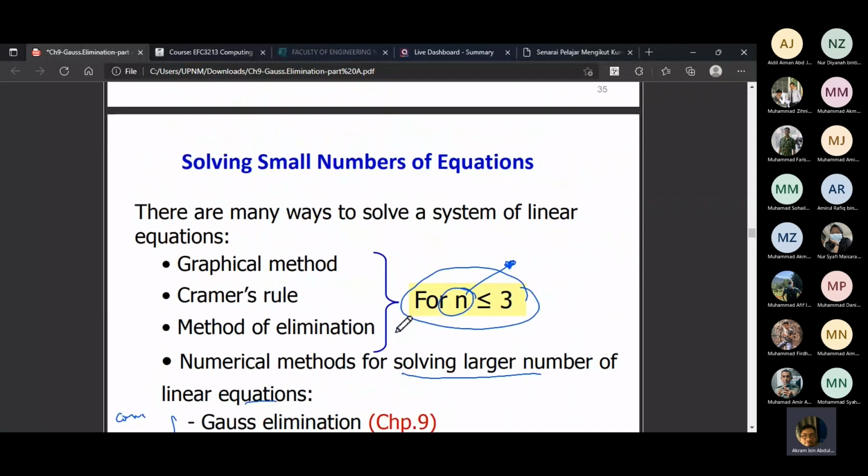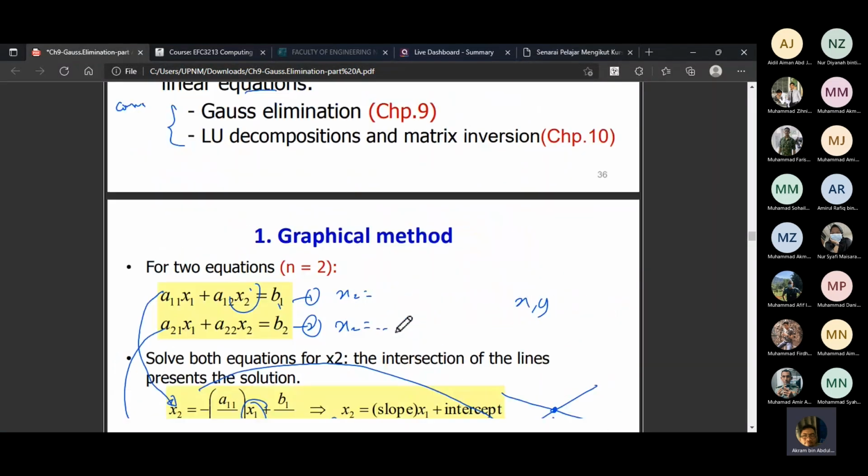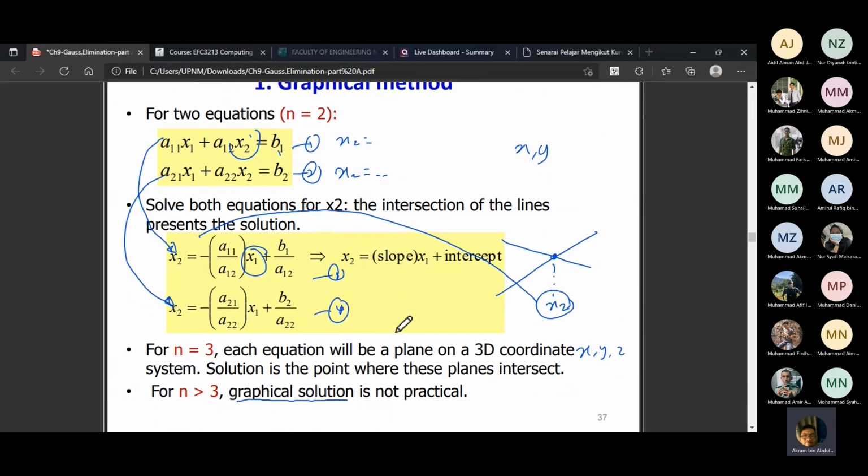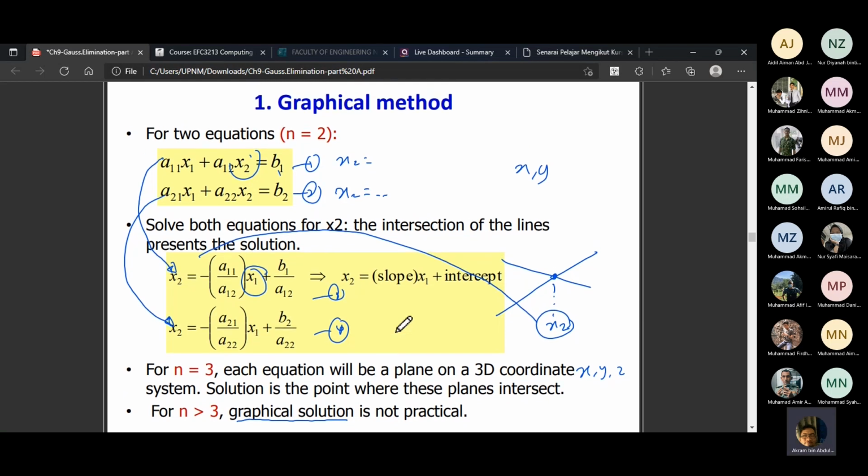Let us go for the first method, which is the graphical method. Okay, let's say we have 2 equations. So your n equals 2. And it is given as this. So you have a11x1 plus a12x2 equal to b1. And you have a21x1 plus a22x2 equal to b2.